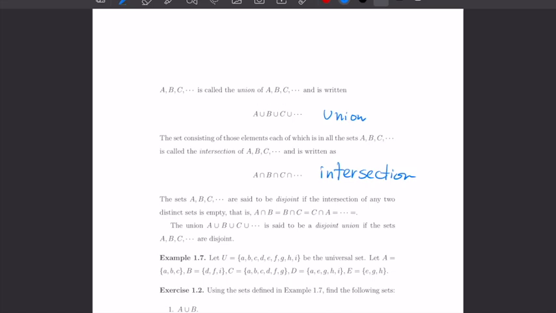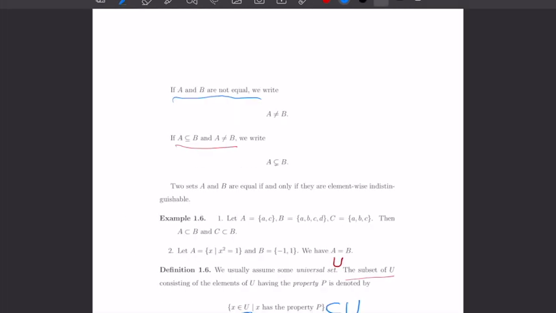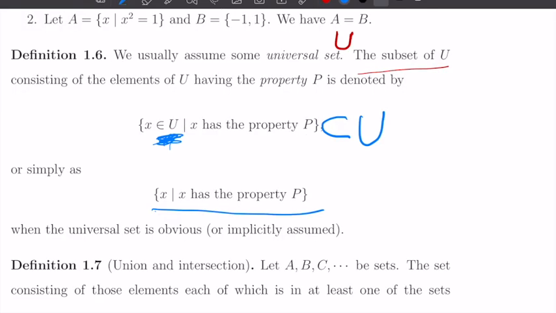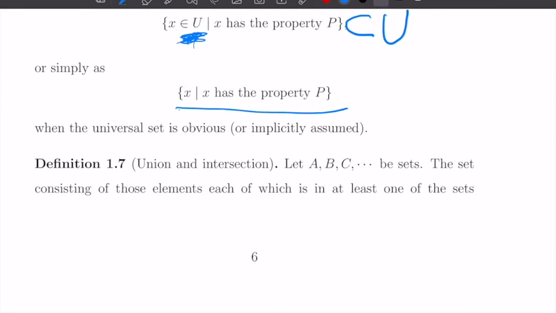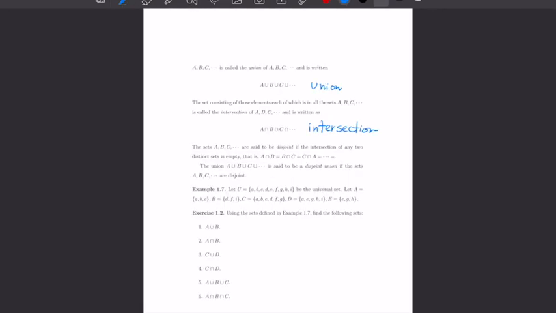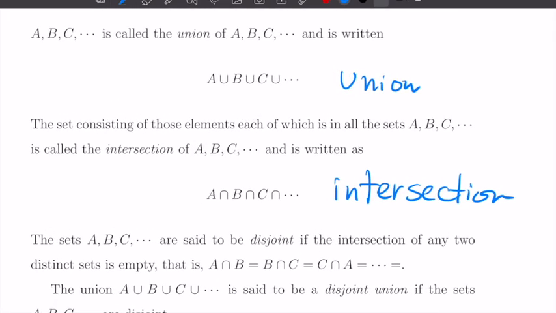So you should be able to translate this English into mathematical expressions. Okay. So the set consisting of those elements, each of which is in at least one of these sets. So what does this mean? Let's say we define X as the union of these sets.